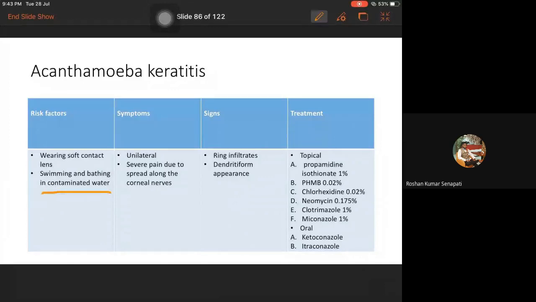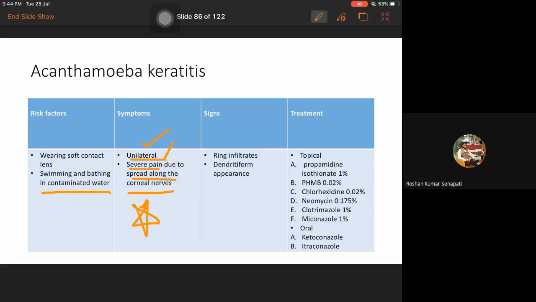Symptoms: usually unilateral or bilateral, most commonly unilateral. Normally they will have very severe pain, because these organisms spread along the corneal nerves. That is very important.